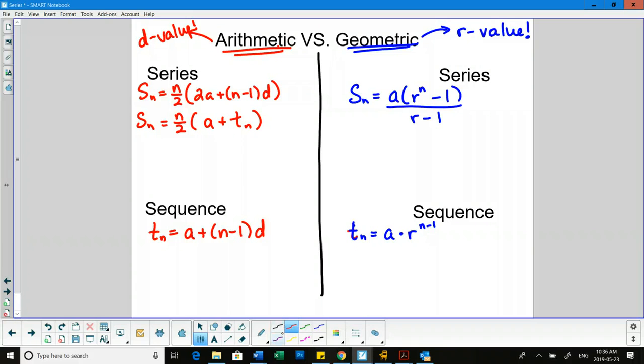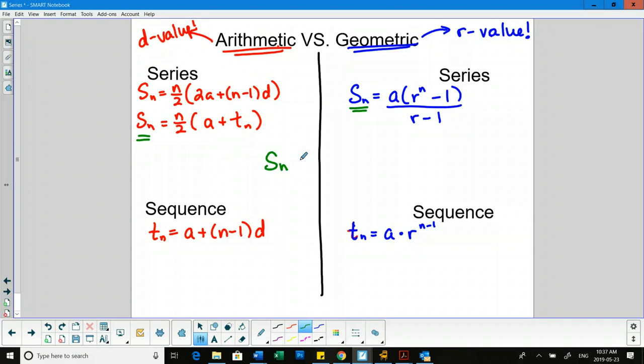How could I decide, just looking at these formulas, which formulas are for sequences and which ones are for series? What's the main difference between the formulas for both of the series and both of the sequences? Joey? It's Sn equals.